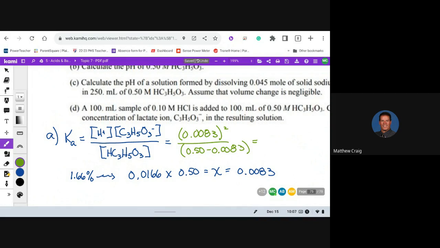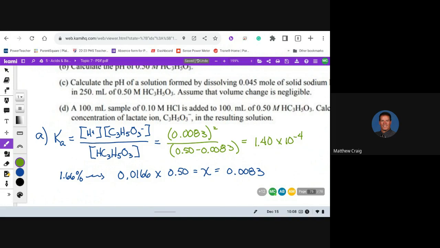Square divided by parentheses 0.5 minus. So around 1.40 times 10 to the negative 4, if I did all my math correctly.